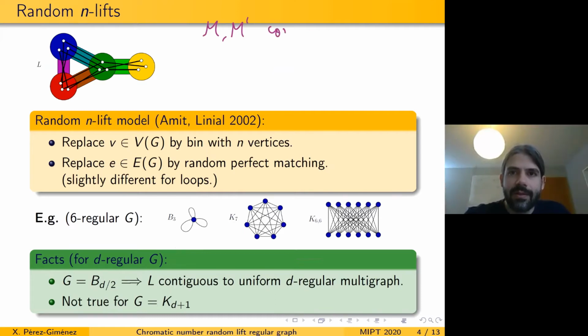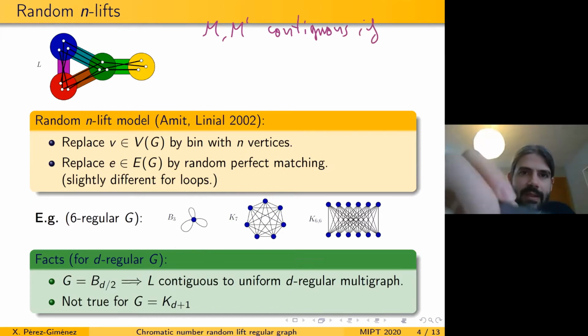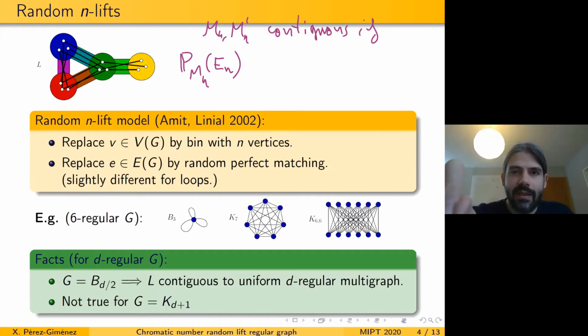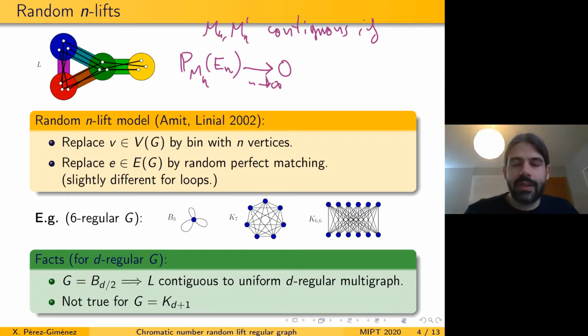they're contiguous if whenever you have a sequence of events, everything is indexed by n, so maybe I should have an n everywhere in the first model, and whenever this probability goes to 0 as n goes to infinity, so you have any sequence of events that is rare, the limiting probability is 0, then this happens also in the other model.